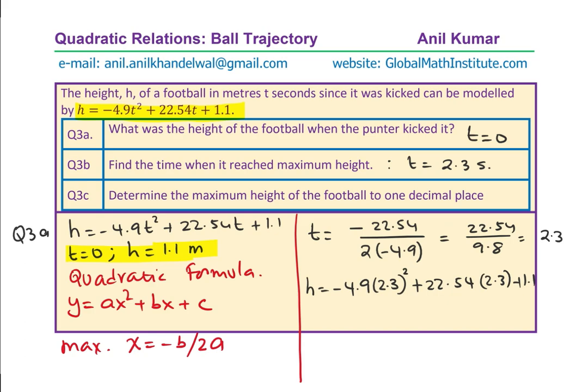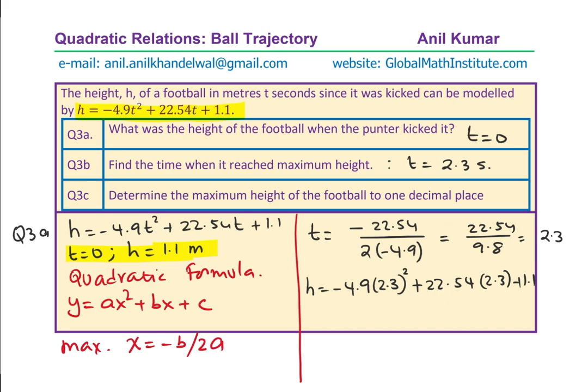I prefer to do positive things first. So 1.1, I'm going in reverse order, plus 22.54 times 2.3 minus 4.9 times, it's better to put this in brackets, 2.3 squared.